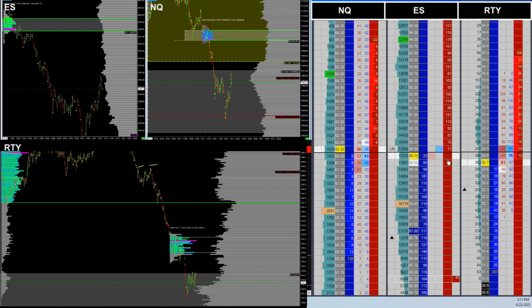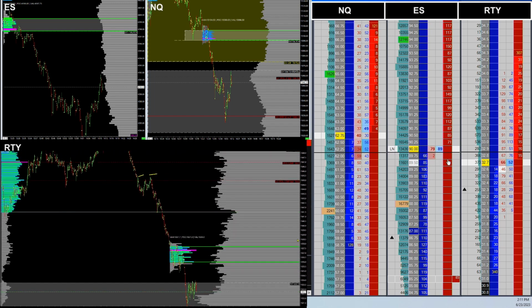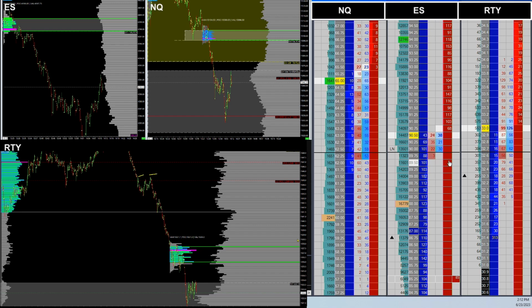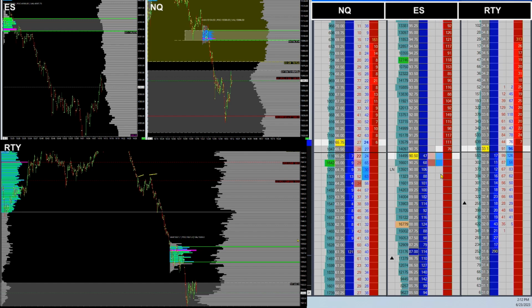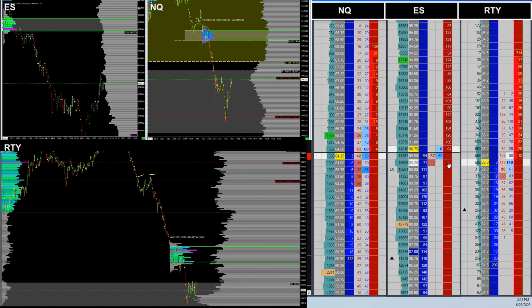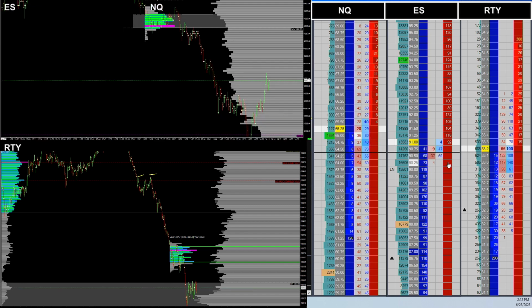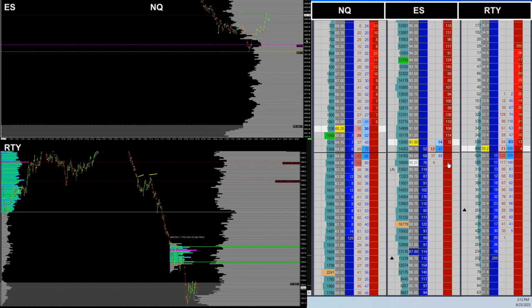However, this is like a 3 or 4-legged down move. You don't get 3-legged down moves like this, so this is some Lance Breitstein shit, so there's a very high expected value that this should go up. This is where I'm gonna actually anchor a VWAP and use it as a target.